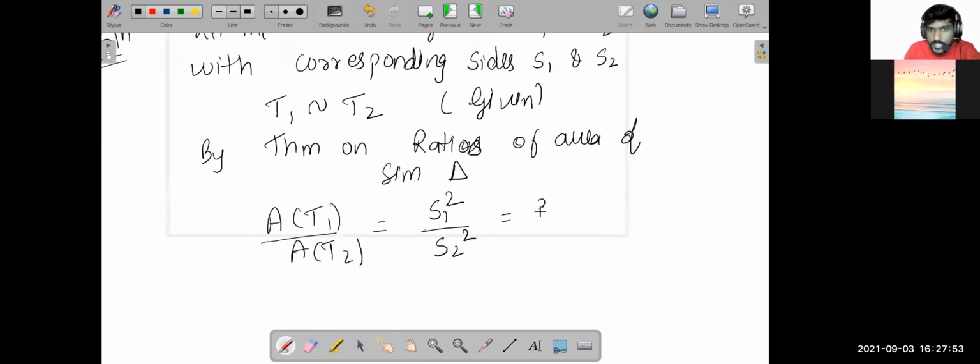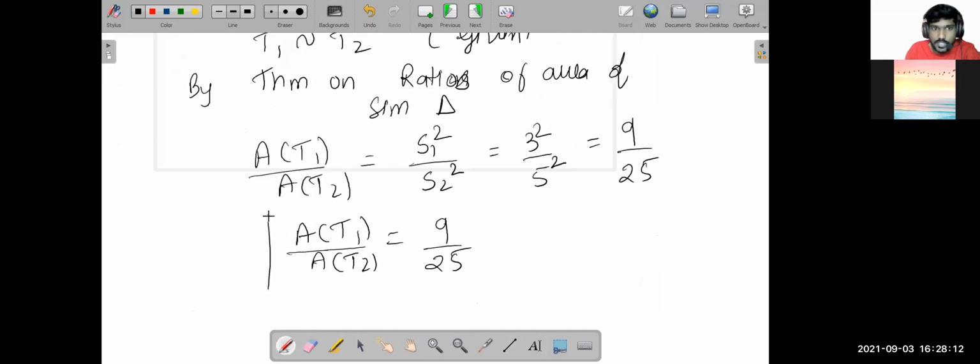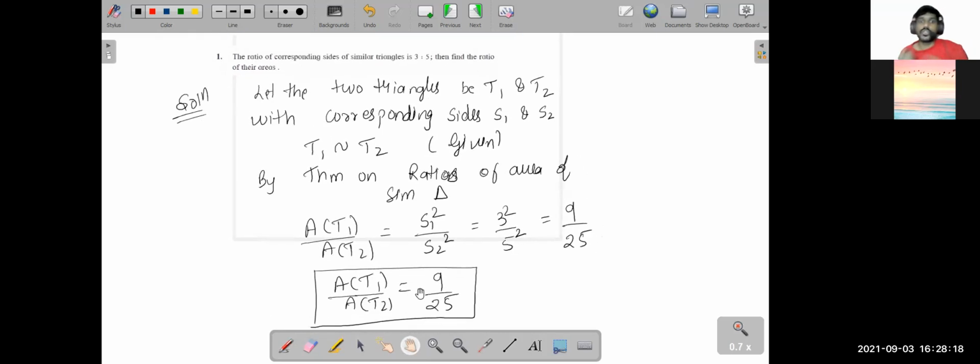So you will write 3 square upon 5 square, which is 9 upon 25. So area of triangle T1 upon area of triangle T2 is equal to 9 upon 25. This is your final answer. Did you understand this? Yes. Go through it, write it down.